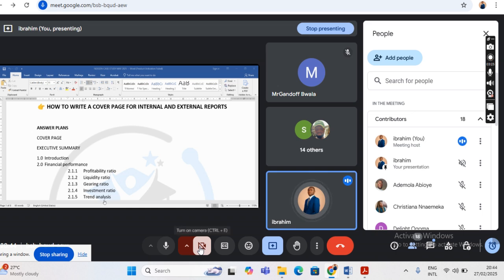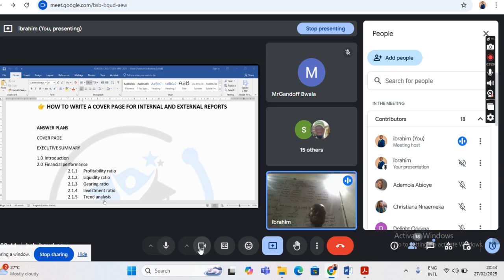Let me quickly give an instance here, as we are doing the answer plan, so that you get what I'm trying to explain. Don't forget, as NetGem Professional Associate, we teach you what is required for you to pass your exam, as well as what is applicable in real life. You can still use this in your various offices. Now, this is your cover page.